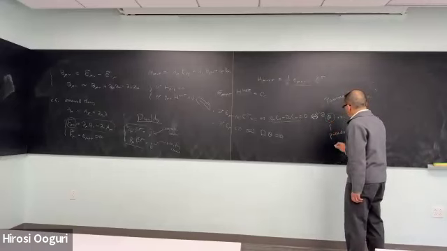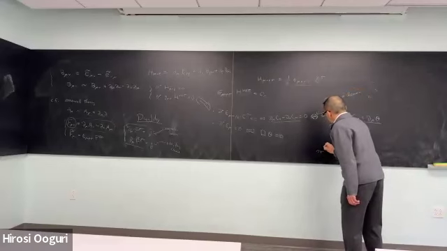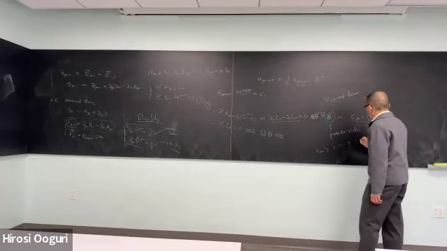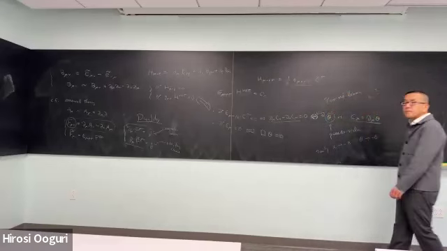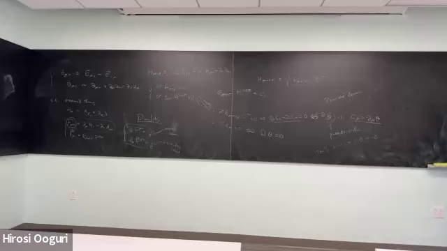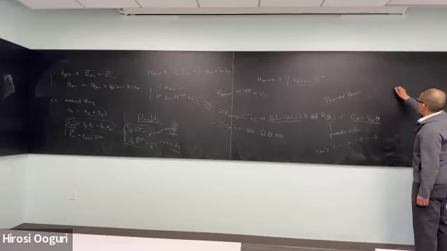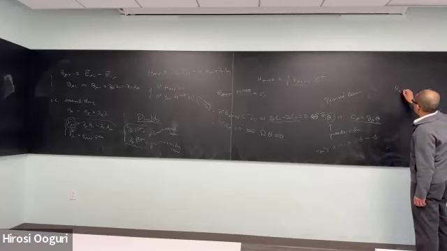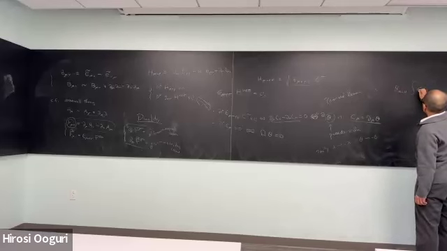Which means that under a parity transformation, it should change sign. And this is expected for the axion because the QCD theta term was of this form.